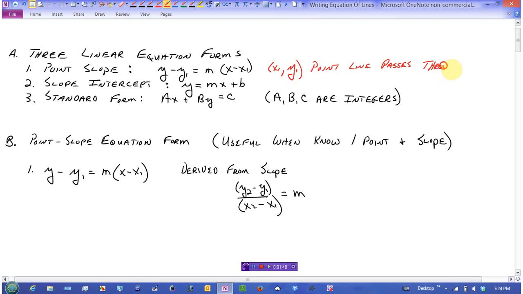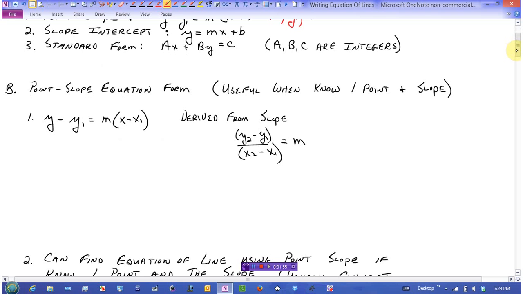So, the first thing is, where does this equation form come from? It's called the point-slope equation form. And what it really is, it's just the slope rewritten in a different form. So we know that the slope is y2 minus y1 over x2 minus x1.